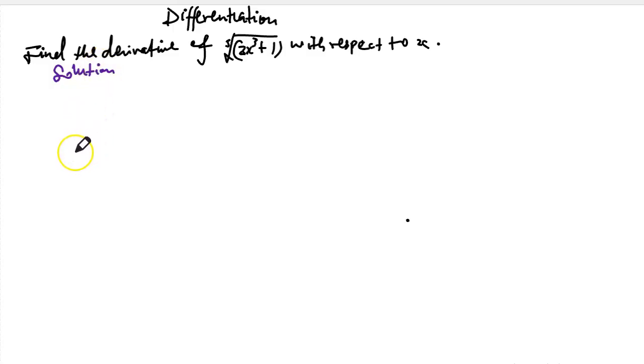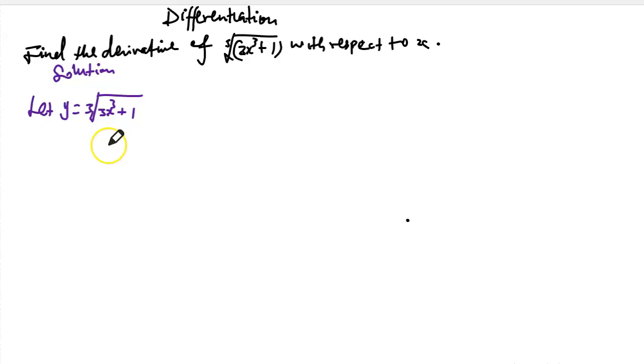Solution. For the purpose of understanding, I am going to use two methods. I can do it with three methods, but first let's do two methods. So let y be equal to the function that we are given, and it is the cube root of 3x cubed plus 1.